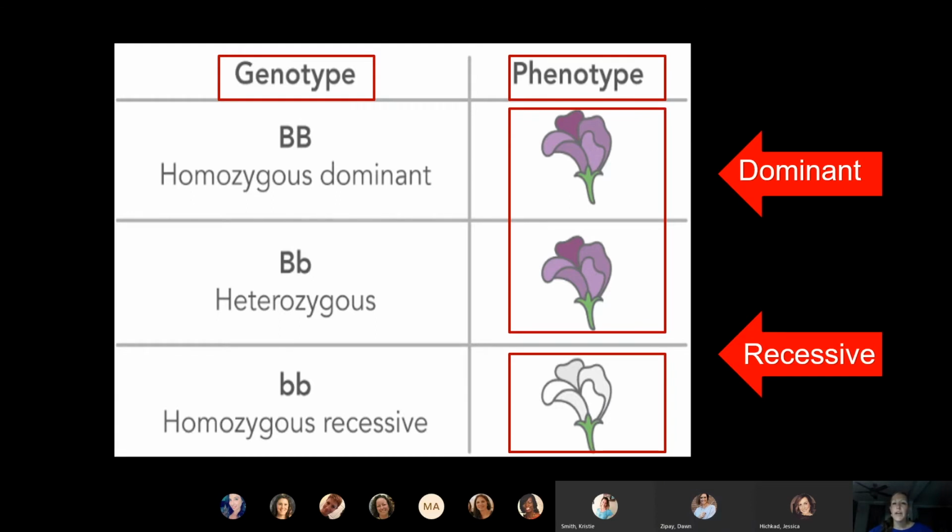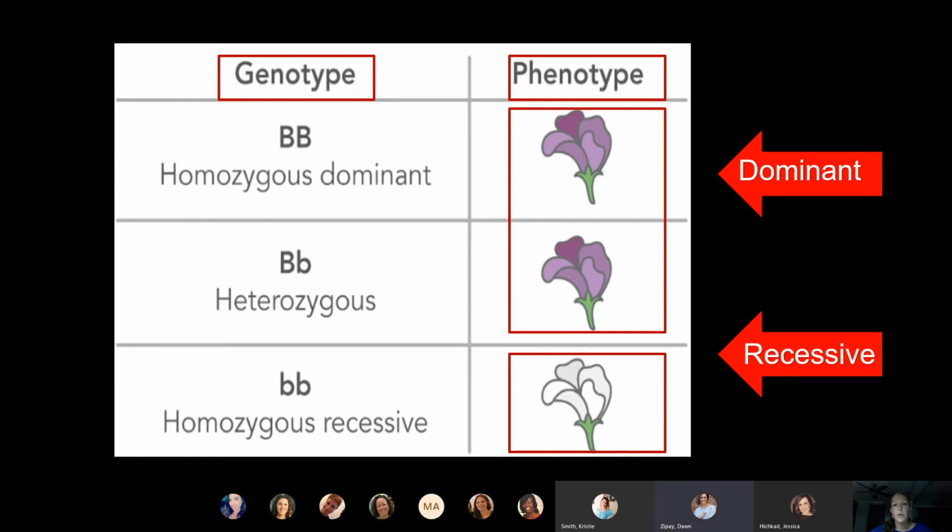Now, when we're looking at our phenotype, we are looking at the color. So we can look at color, we can look at shape, we can look at sizes. Here you can see we are looking at purple. Can anybody tell me what the other phenotype is? Just write it in the chat. What other phenotype are we looking at in this diagram?